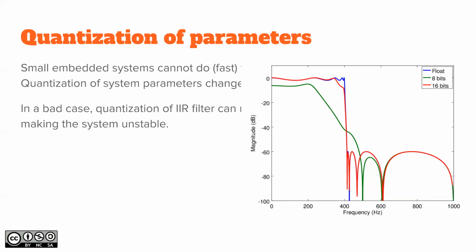Quantization of parameters is then required, or if you have a slow sampling rate, you can actually use software floating point calculations.